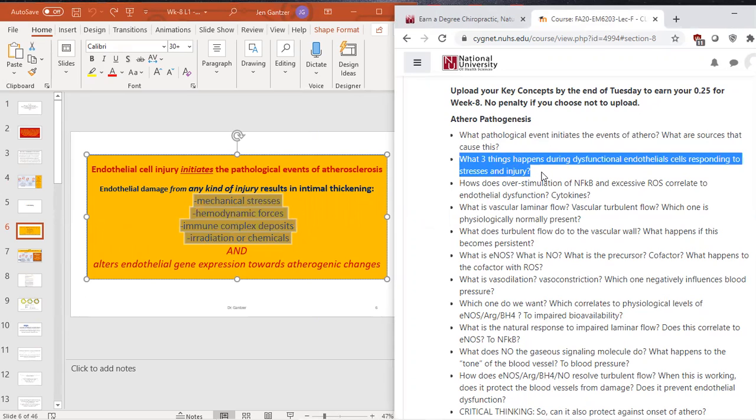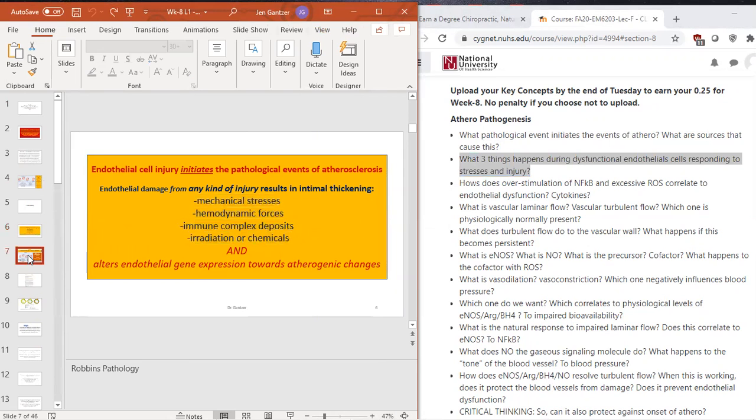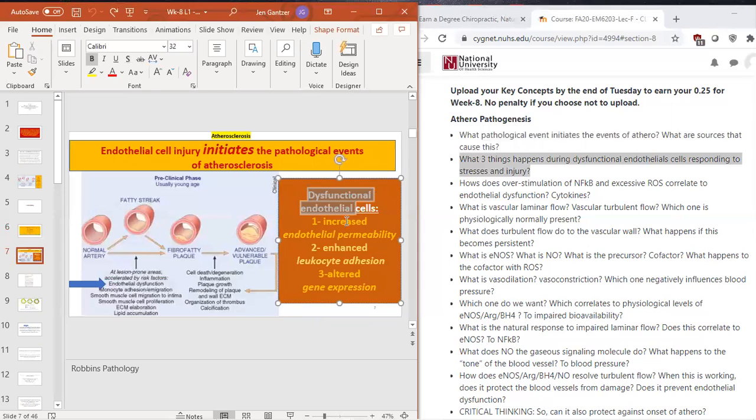So what three things happen during dysfunctional endothelial cells responding to stresses and injury? It's very common to recognize that in a dysfunctional endothelial cell, we're going to have increased endothelial permeability, enhanced leukocyte adhesion, and altered gene expression.